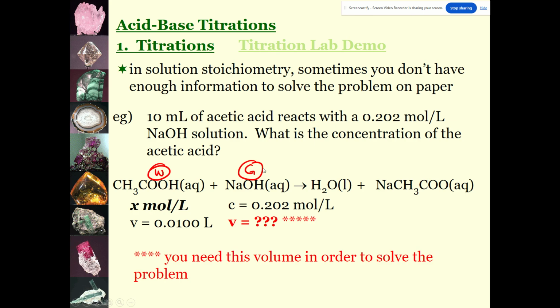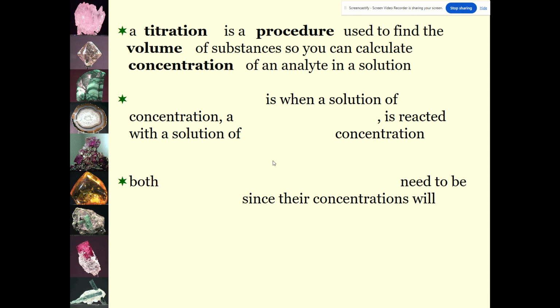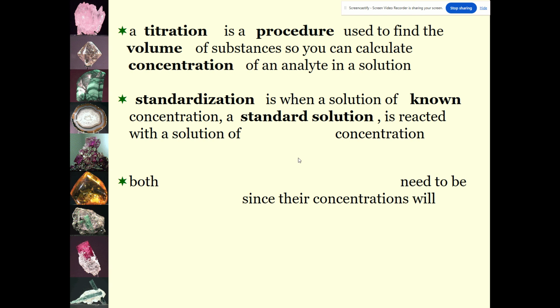Okay, so let's talk about this procedure. The titration is again a procedure used to find the volume of the substances that fully react with each other so that you can calculate the concentration of one of the unknown solutions. We call that the analyte, the unknown solution. This is also sometimes known as standardization because you are taking an unknown solution and standardizing it.